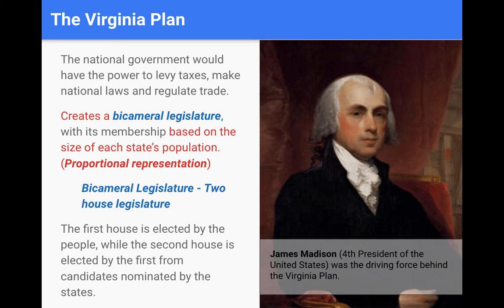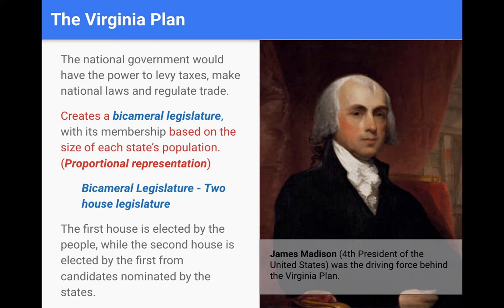Whereas when we get to the New Jersey plan, you're going to see a totally different way to look at that. The national government would have power to levy taxes, make national laws, regulate trade, like we mentioned before. But within this two-house legislature, bicameral again means two-house legislature. Unicameral means one-house legislature. So it creates a bicameral legislature based on proportional representation.